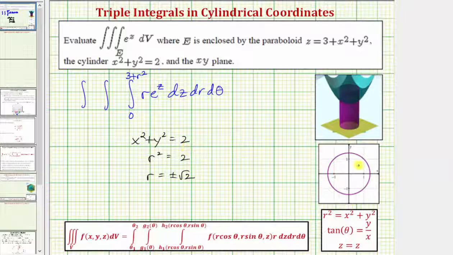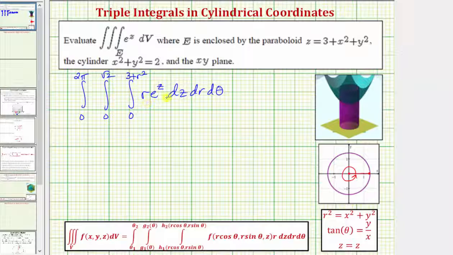So the xy trace is this circle here. Using this circle, the limits of integration for r are going to be from r equals 0 to r equals the square root of 2. The limits of integration for theta to trace out this circle are going to be from theta equals 0 all the way around the circle to theta equals 2 pi radians. So we have from 0 to 2 pi radians.